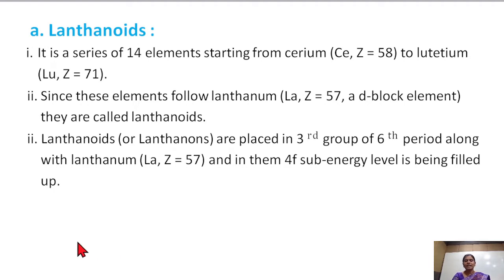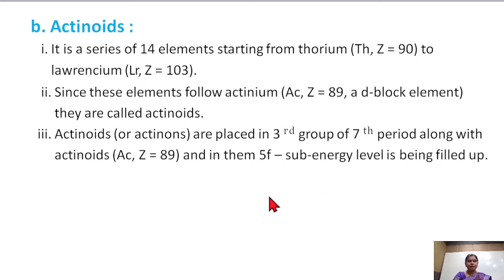Lanthanoids are placed in the third group of the sixth period along with lanthanum, and in them the 4f sub energy level is being filled up.